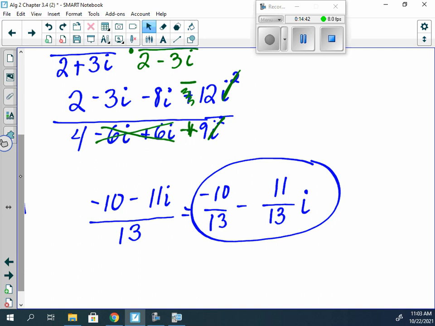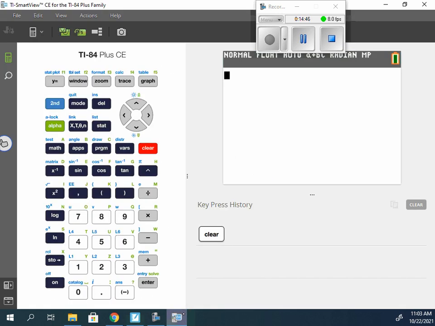Could we plug this in the calculator? So how can we go about plugging that last one in? What would we do first?